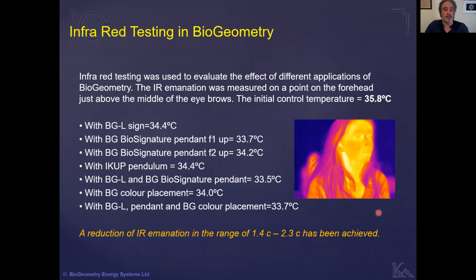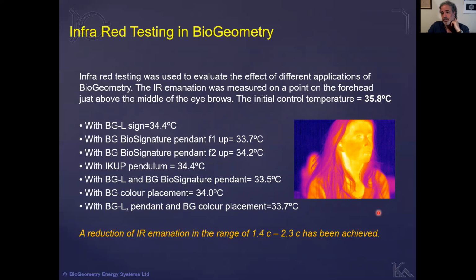And finally, we come to the last section, another old experiment, similar to one we described before, this time using infrared testing to evaluate the effect of different applications of biogeometry. The infrared emanation was measured on a point on the forehead between the eyebrows.